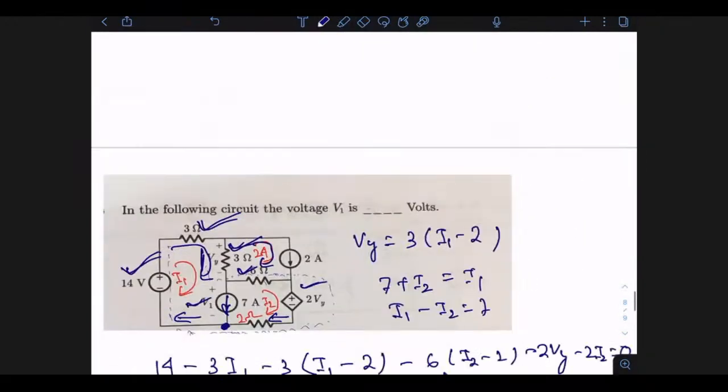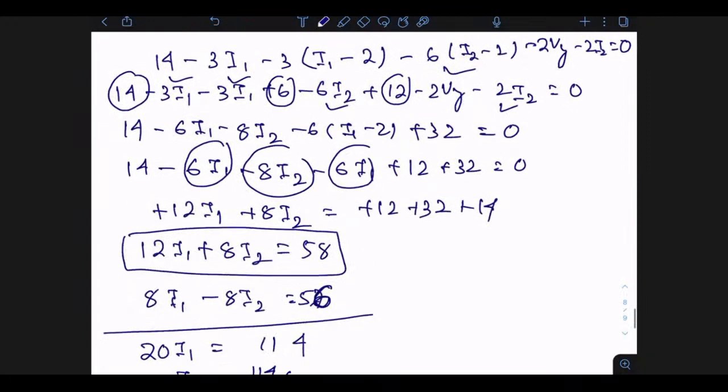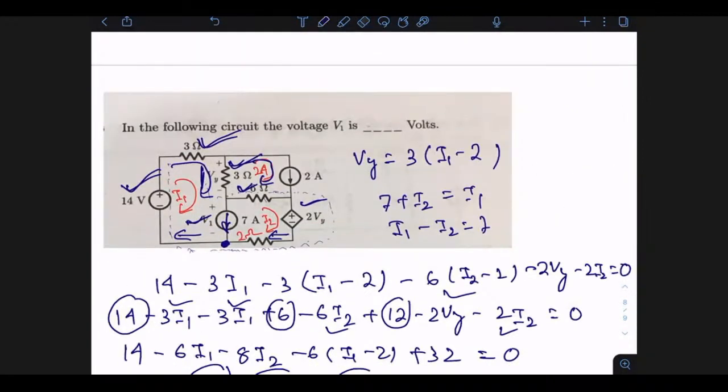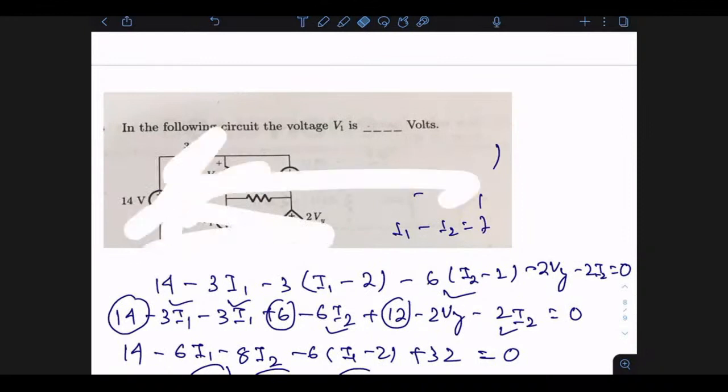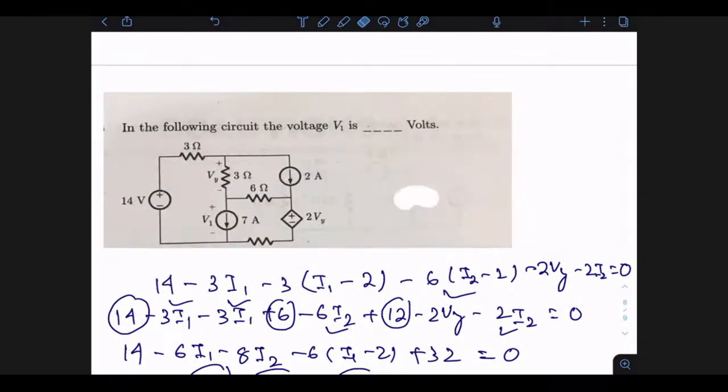So the approach is, once you get the values of I1 and I2, you have to solve these equations. And once you get the values of I1 and I2, the next thing you should do is make use of them to get the corresponding value of V1. So how do you get this V1?